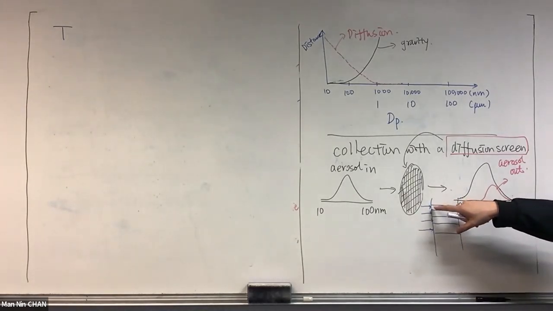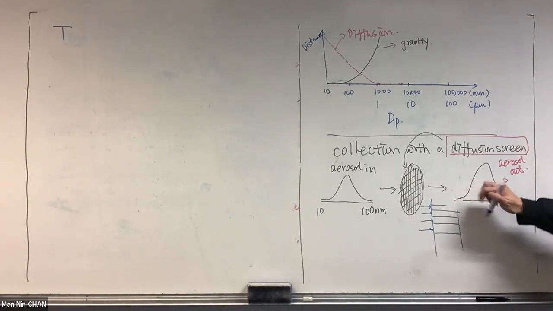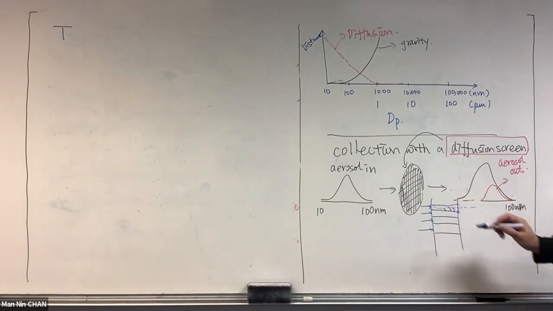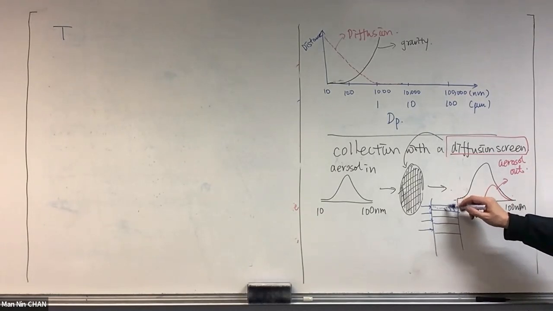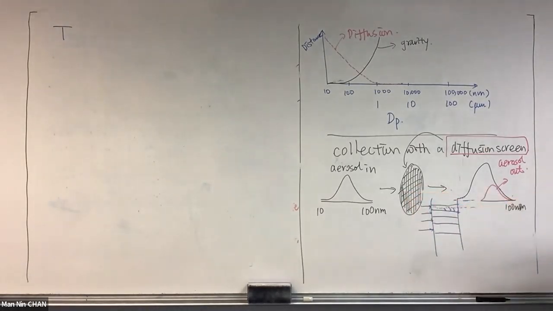Of course, you can argue your large particle can be collected also. If this is your main flow, your particle can be somehow deviated from the flow by gravity. But this displacement would be more significant for small particles by diffusion. For large particles in this case, you don't change the direction of your flow. So you can see my argument.